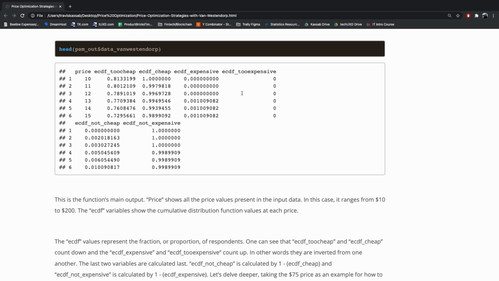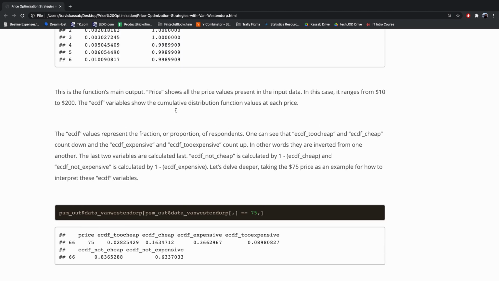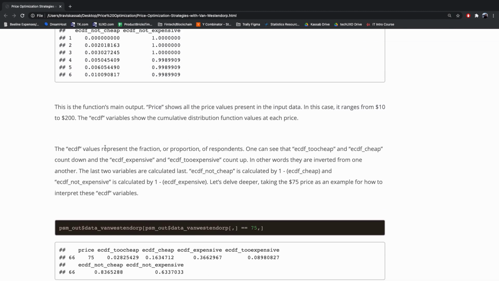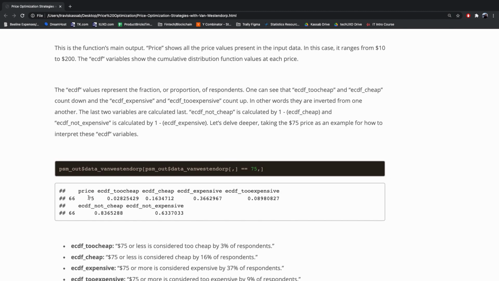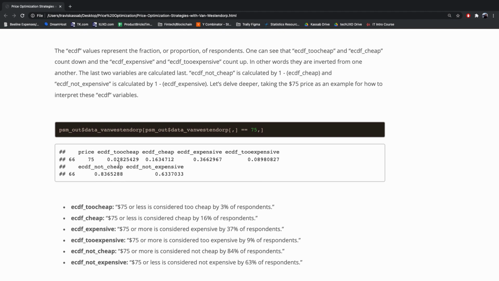Let's break that down even further. I have an example I want to show you. So let's look at the price 75 in particular. ECDF too cheap. This is the percentage of respondents that believe $75 or less is too cheap of a price.